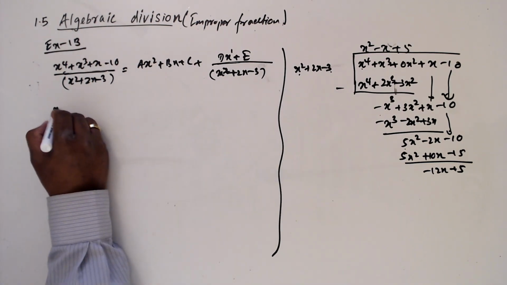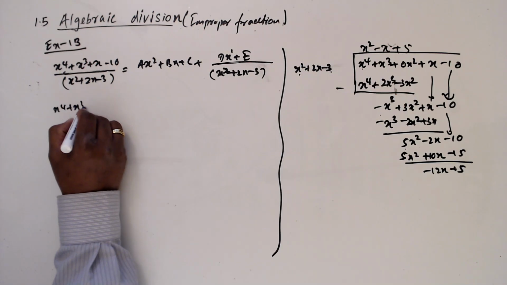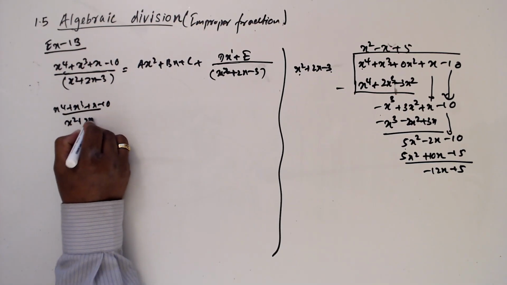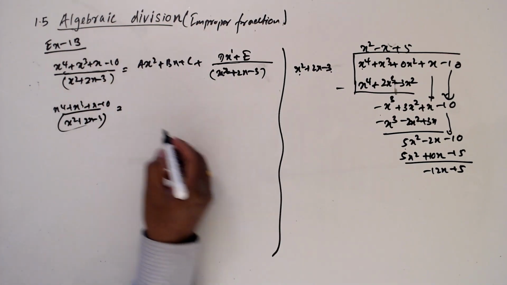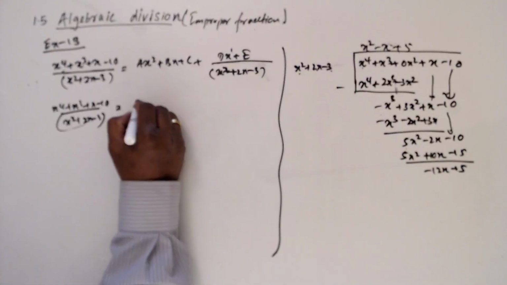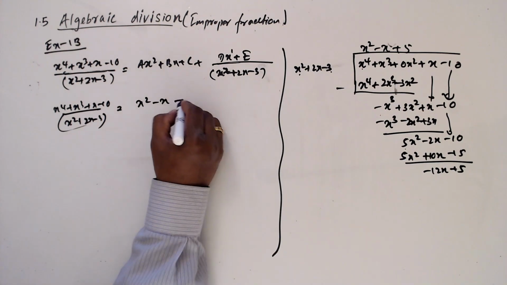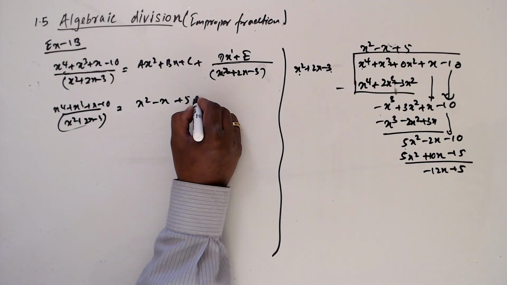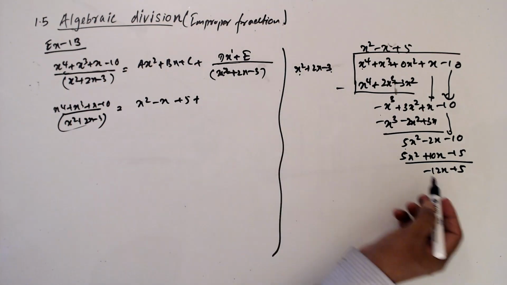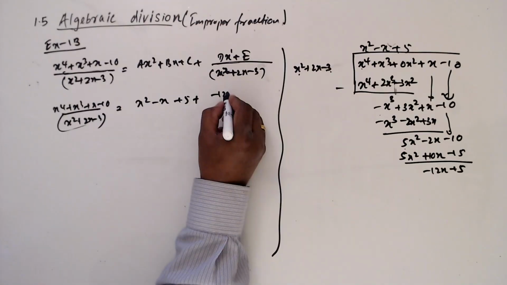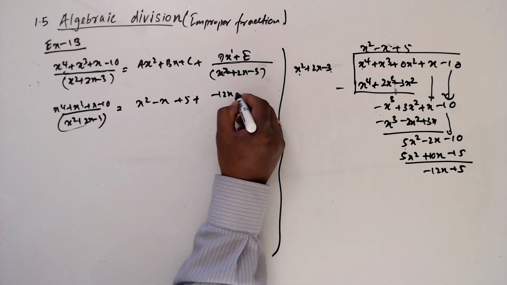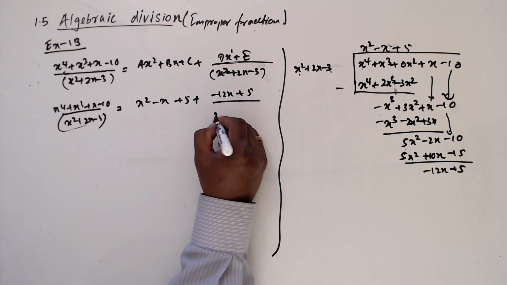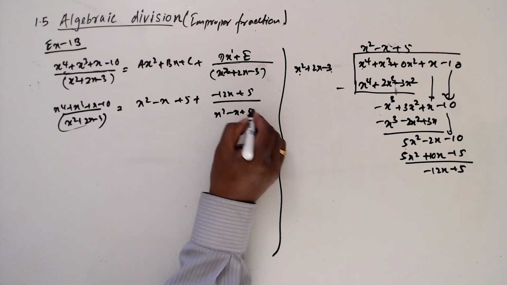Now you can see x square plus x cube plus x minus 10 over x square plus 2x minus 3 equals x square minus x plus 5, plus minus 12x plus 5 over x square plus 2x minus 3.